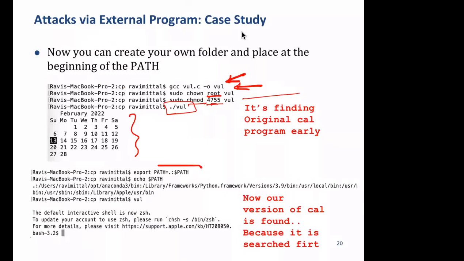This is exactly what we are doing here. We are changing the path. So this path is now dot whatever. Now I can echo the path and see whether it is what I intended. When we run this program, note that here we are running it as dot slash virl.